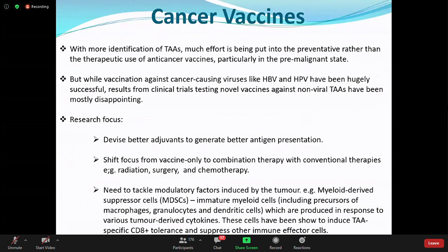So, as I said, we now know, and there's constant research groups trying to identify new tumor-specific and tumor-associated antigens to try to develop cancer vaccines against these to prevent the outgrowth of tumors. The problems with this, well, as I said, the success stories have been with two particular viruses, hepatitis B and the human papillomavirus.